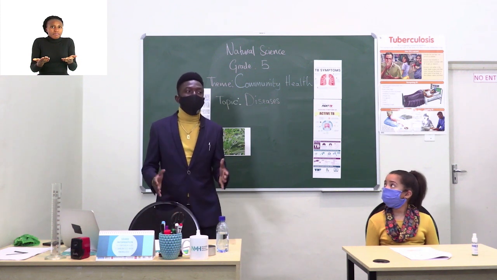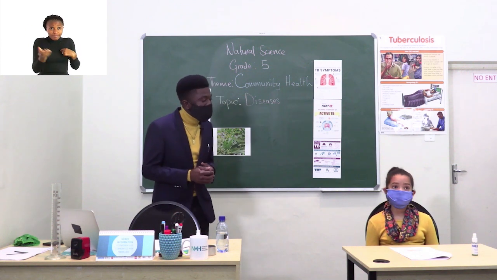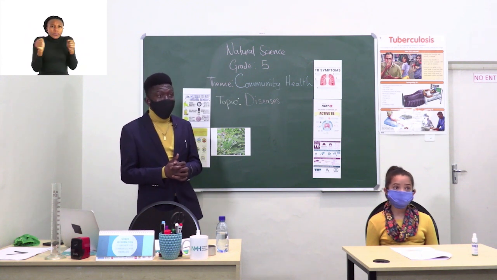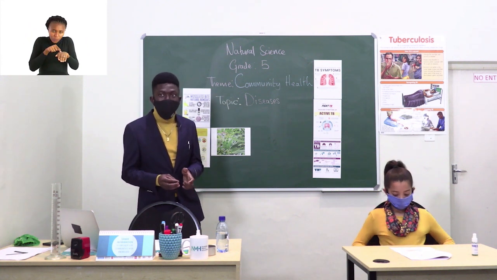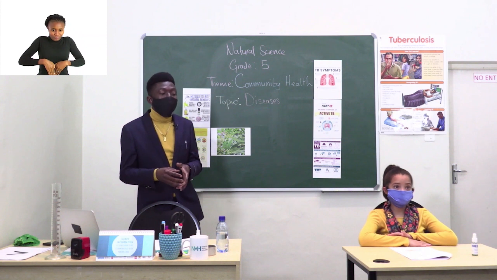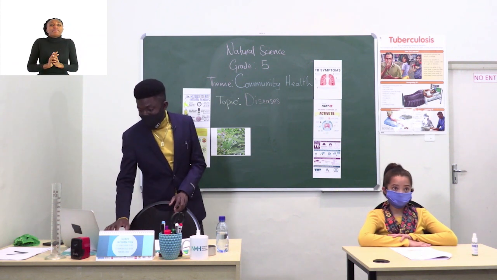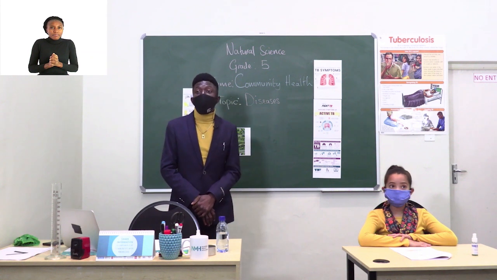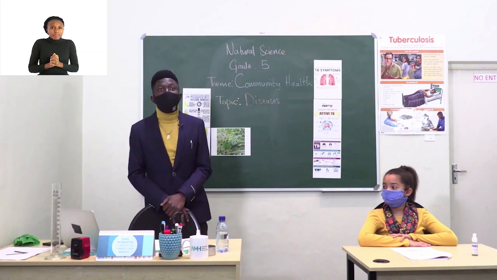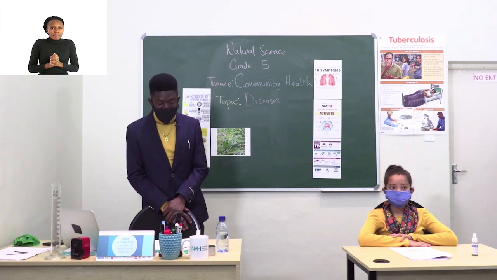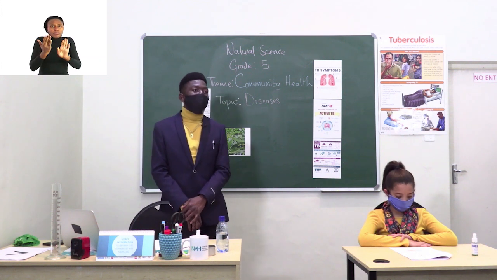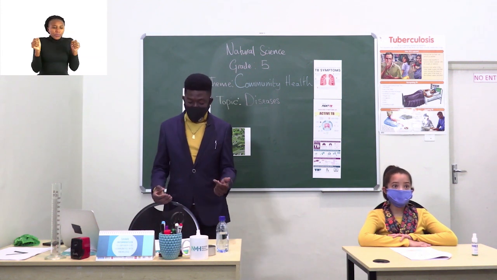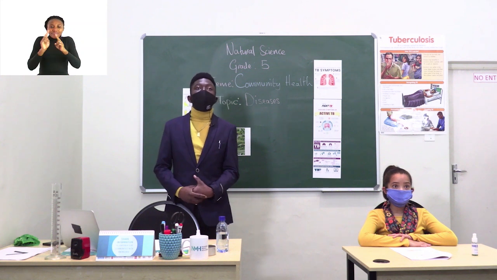As we all know, malaria is caused by a protozoan, which is like a virus or an animal that invades the human body and causes dysfunction. How do we avoid getting malaria? Let us look at the prevention measures.